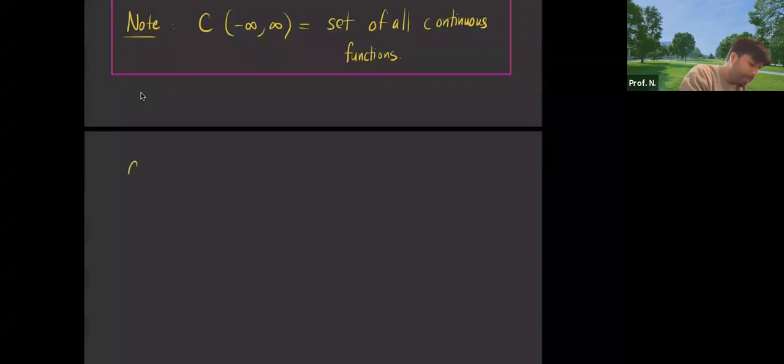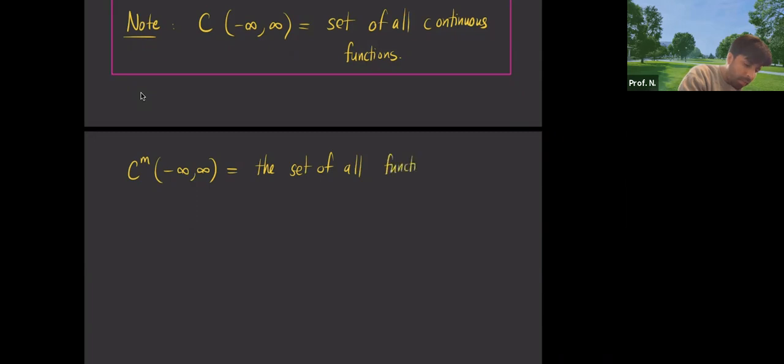C^m of negative infinity to infinity is the set of all functions with m continuous derivatives.